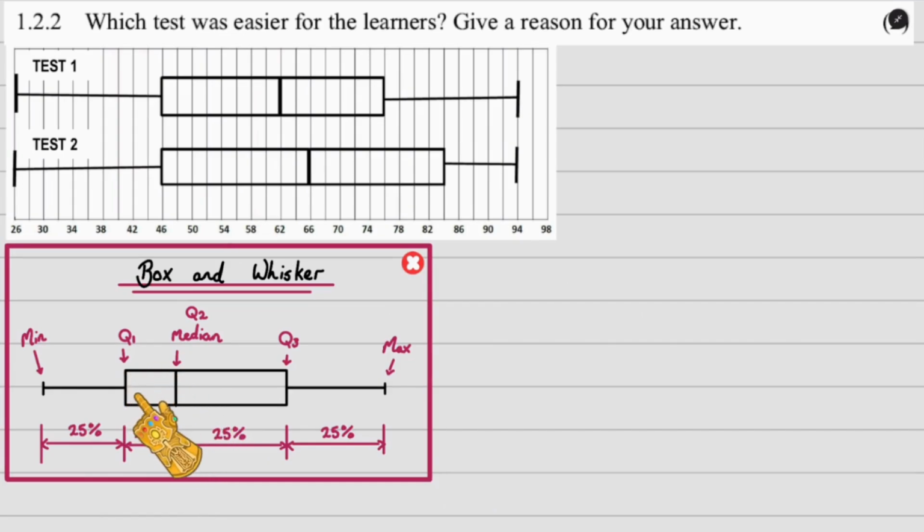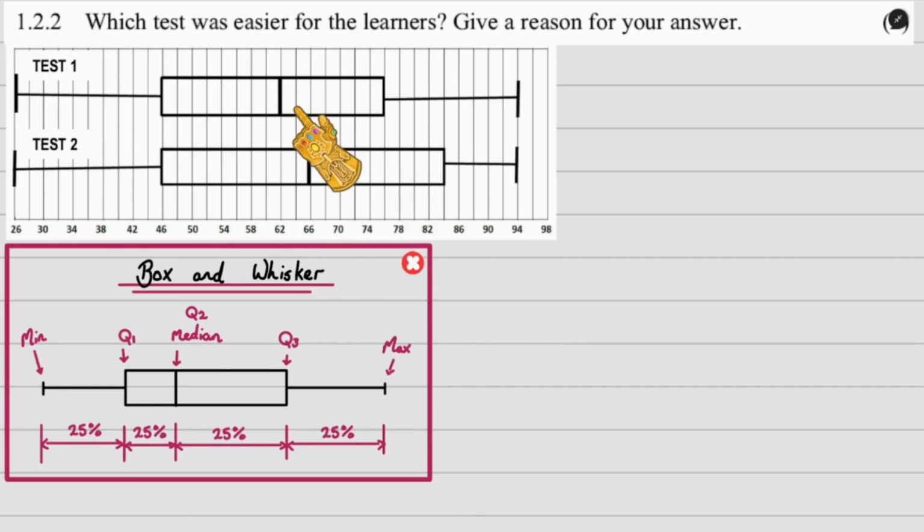So this one, even though it's not as long as this one, it's still 25% of the people sitting in this data region. If we put that to the test here, we can see that half the learners in test 2 got above 66. But in test 1, half the learners only got above 62. So the learners must have found test 2 easier in this case.